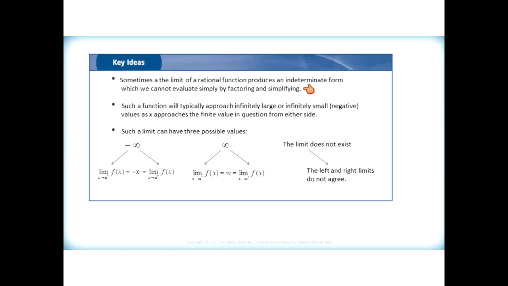So such a function will typically approach infinitely large or infinitely small, or what we call negative numbers, as the values of x approach a finite value from either side. So if we approach the same thing from both sides, like in this first statement, negative infinity, we get a limit that is negative infinity. And if both approach positive infinity, we say the limit is positive infinity. But if the right and left limits do not agree, we say the limit does not exist.